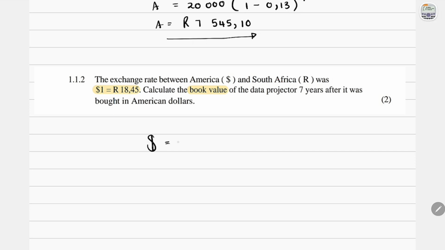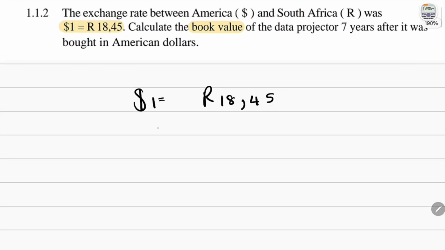If a dollar is 18 Rand 45 cents, then from dollars to rands we would multiply. For example, $2 is twice of this, so that will be about 36 Rand 90 cents.